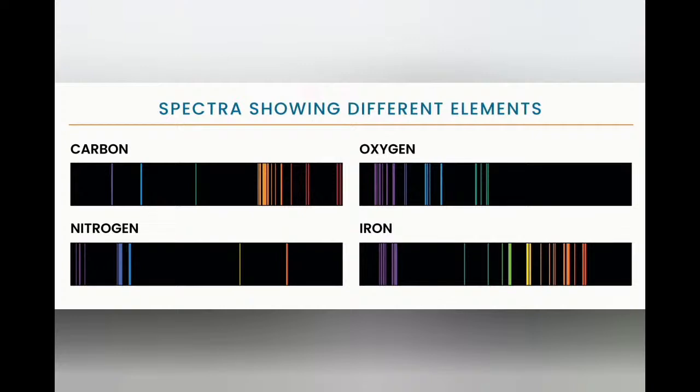Now, the photon, which is running the gauntlet of all these elements in their ionized states, if it happens to meet an ionized iron atom which has the same wavelength as the photon, then the photon will be absorbed. And all the other ionized iron atoms with the same wavelength will also be absorbing all the photons with the same wavelength.